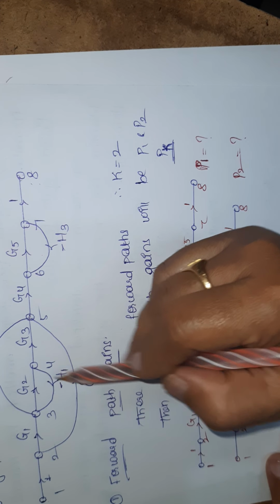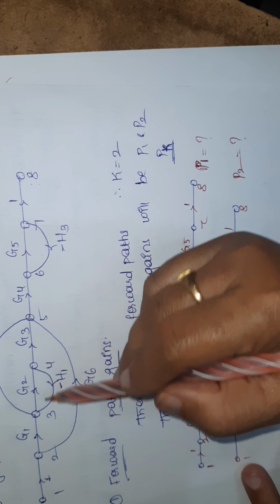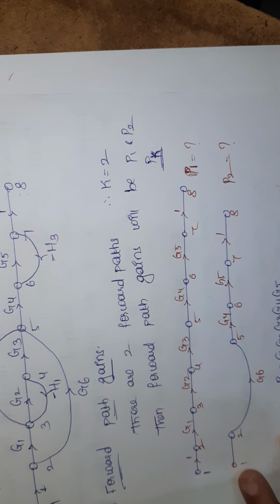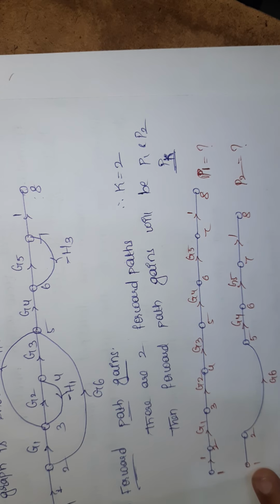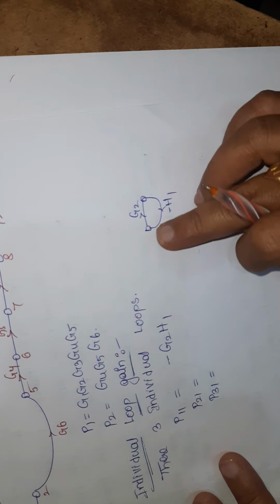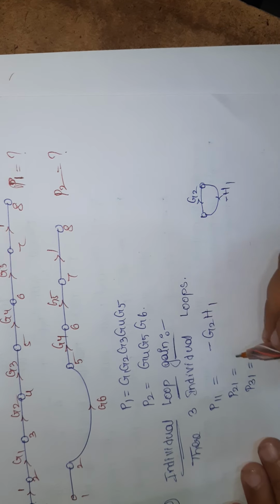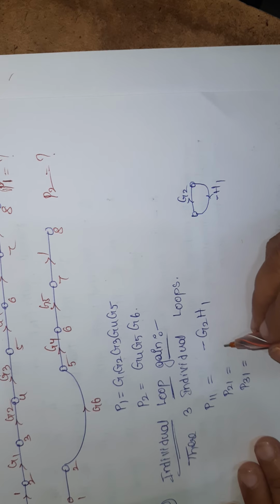This is G2 into minus H1, so it will give minus G2 into H1.